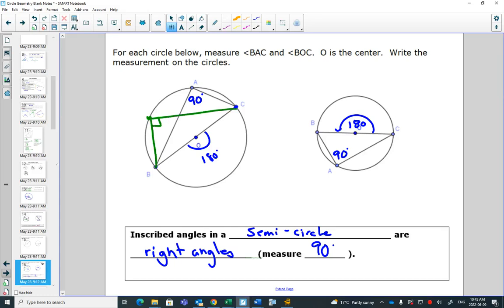Cha-ching. Draw one here. Oh, look at this little one. Cha-ching. That makes it 90 degrees. Every single spot you draw, which is kind of cool, because those would all be inscribed angles off of that same central angle, cha-ching, making 180 degrees.